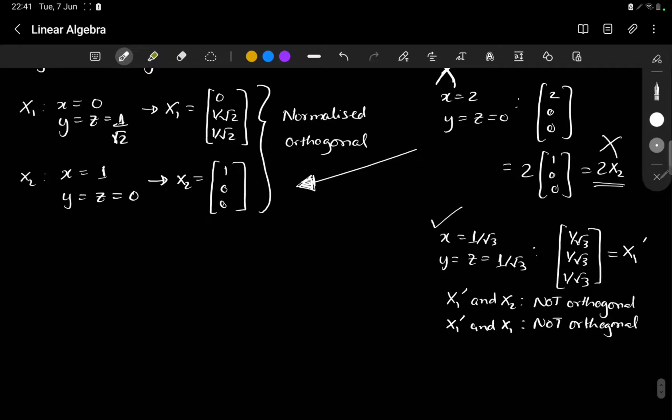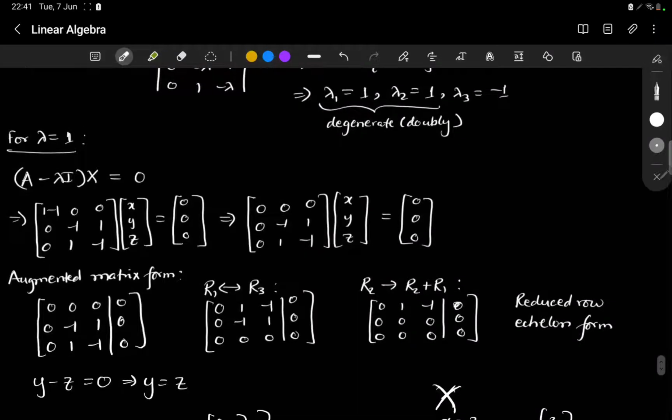So let us now look at the next eigenvalue. It's -1.